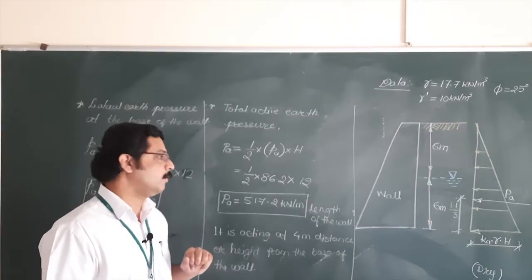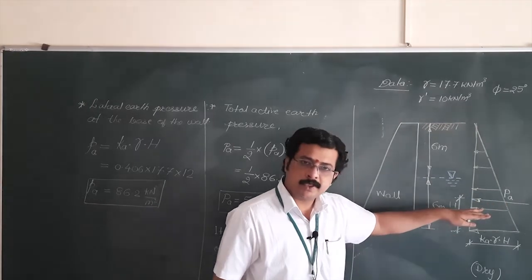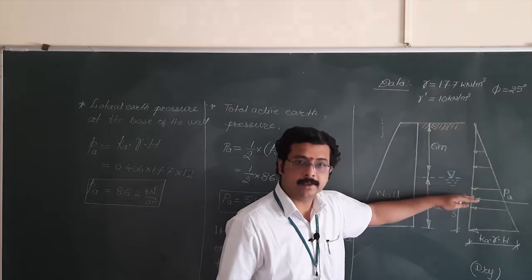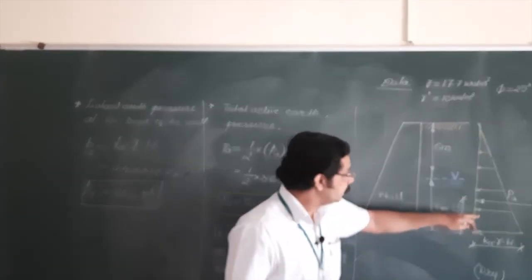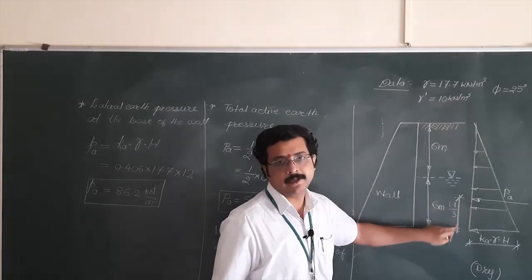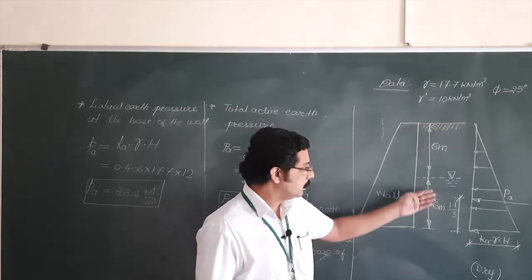Fourth, at what height that total active earth pressure in condition 2 is acting, and the difference between that height and this H by 3, we want to find out that difference. Okay, so let us go for that.